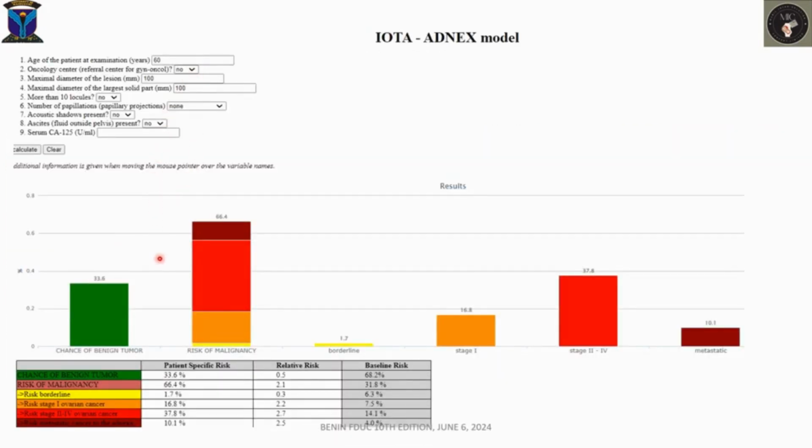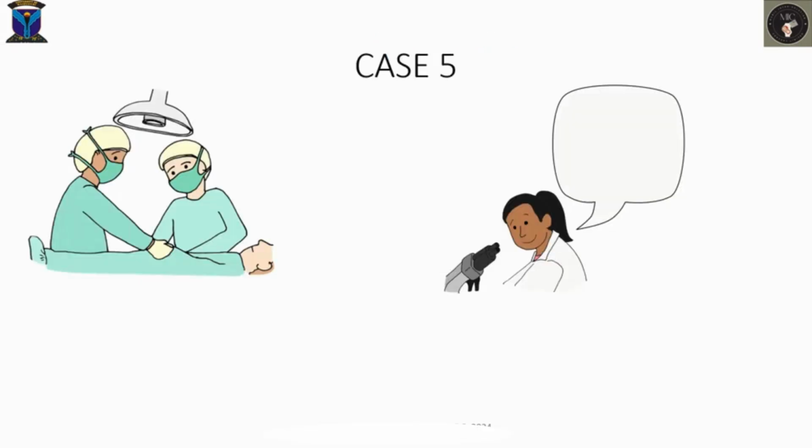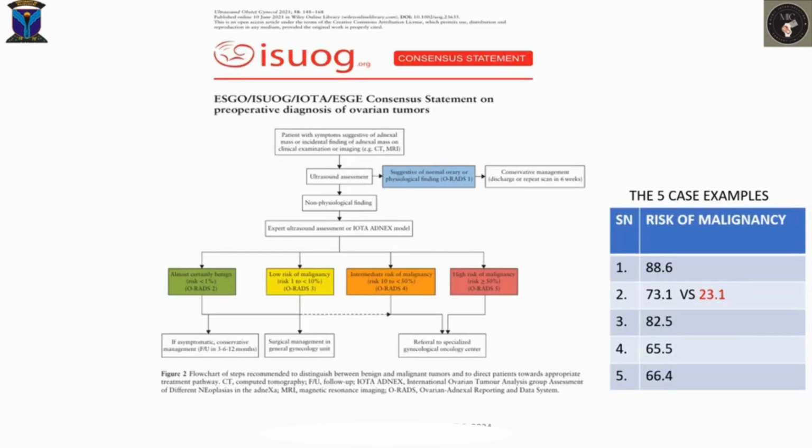So we inputted this information into the ADNEX model. You can see the risk of malignancy was 6.4%, and the subclassification favors stage 2 to 4. She had surgery, diagnosis, adult granulosa cell tumor.